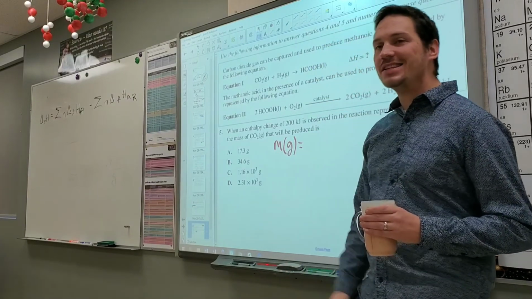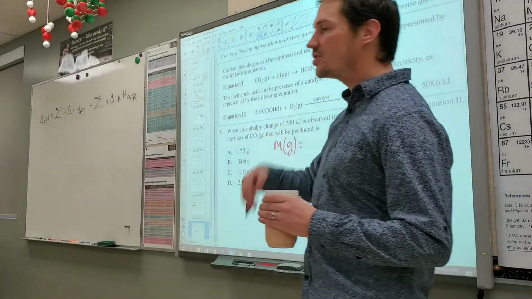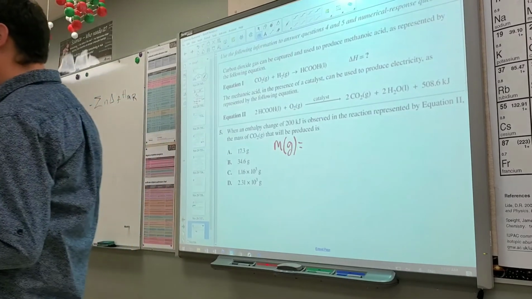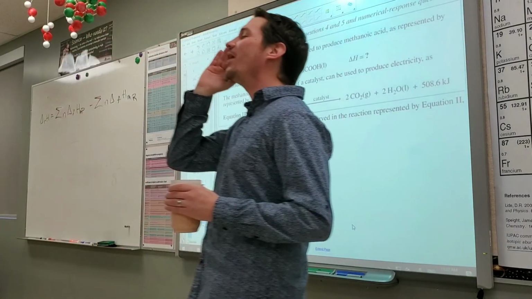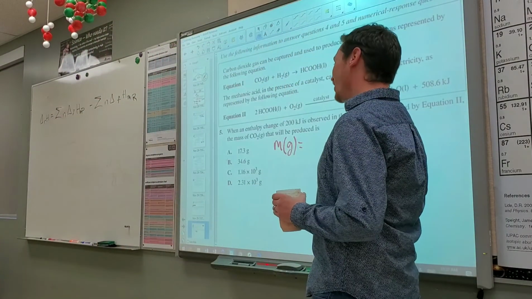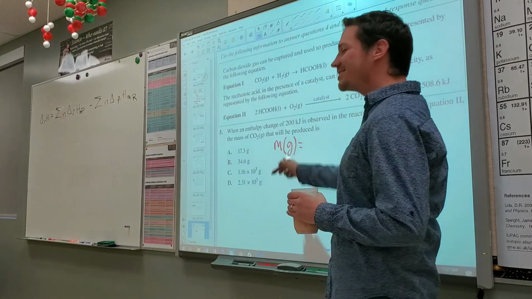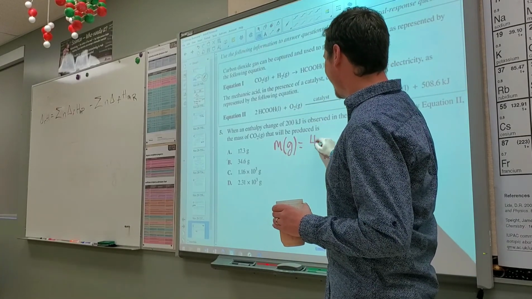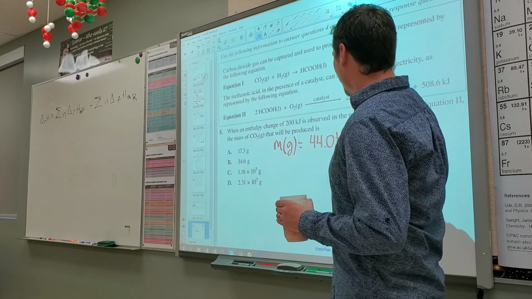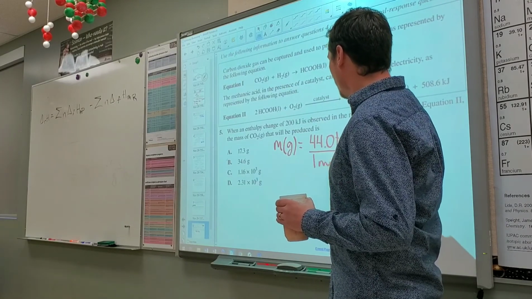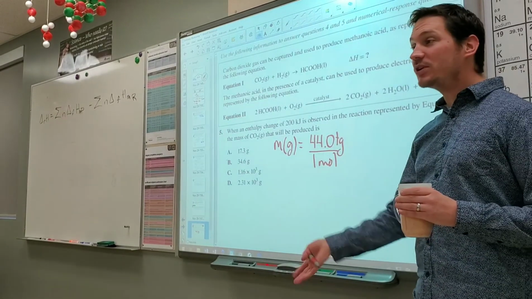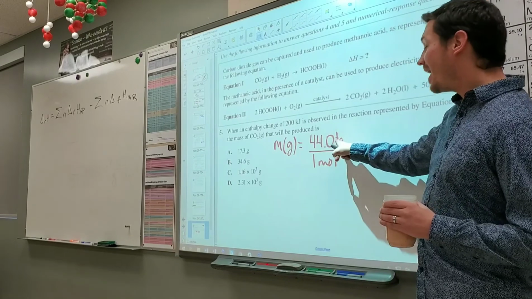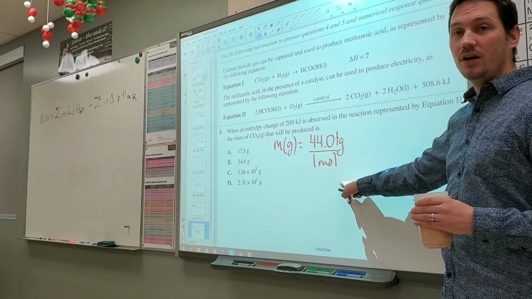Okay, we're looking for mass in grams of carbon dioxide. What's our chant? What's our mantra? What is the molar mass of carbon dioxide? 44.01 grams per 1 mole. Right? You start with what you want, correct? You want mass. What's the only other unit you got to cancel out?